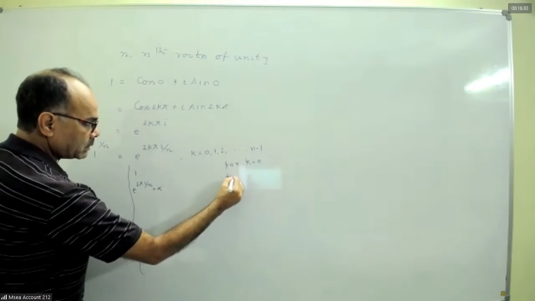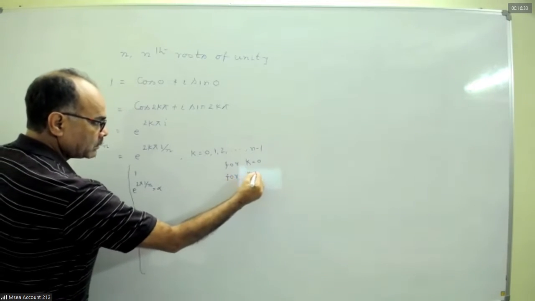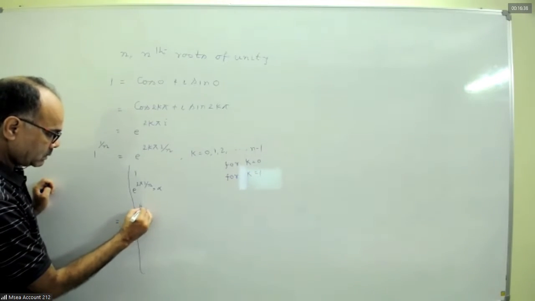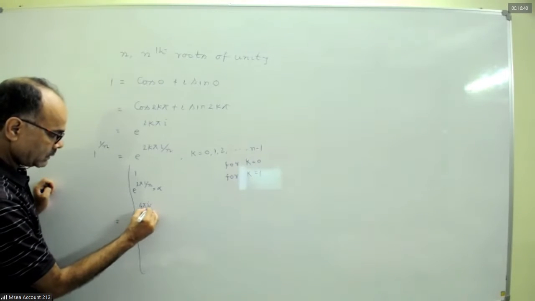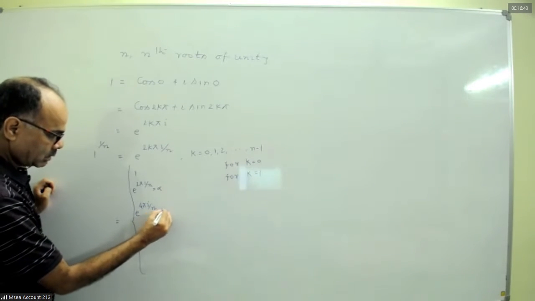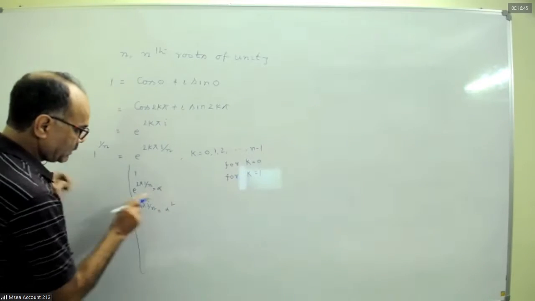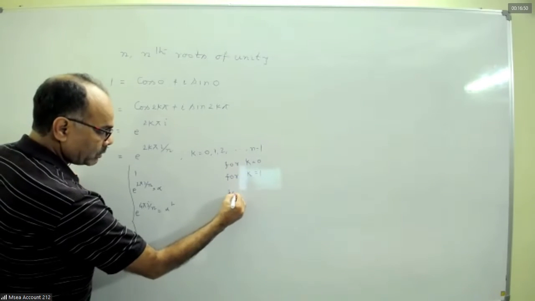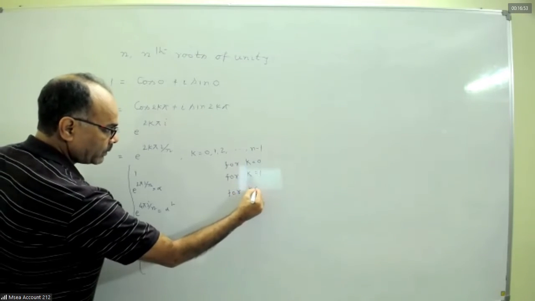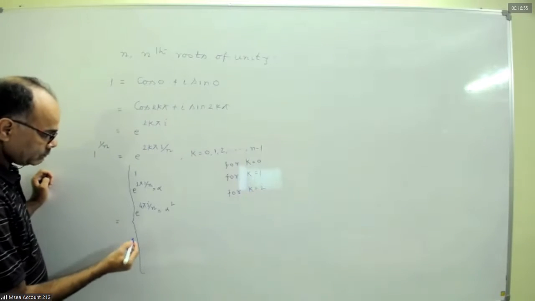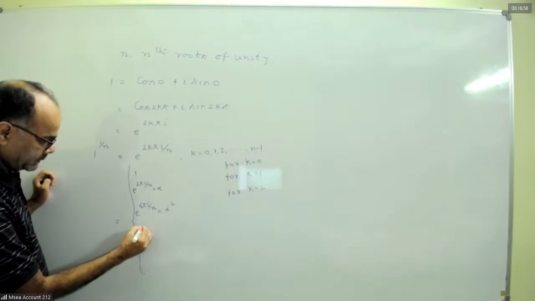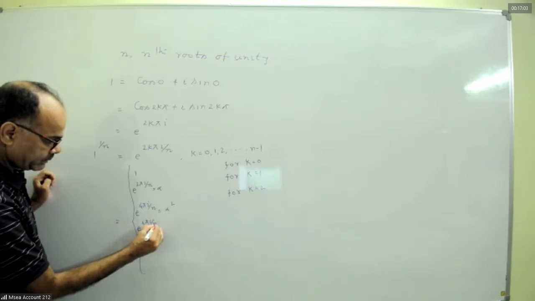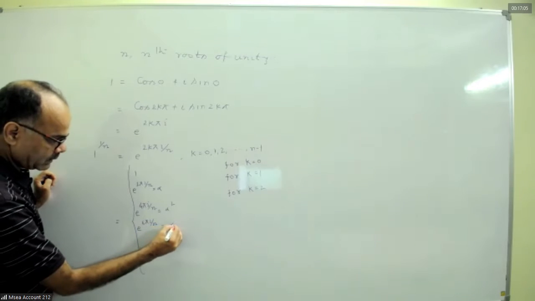For k equal to 1, e to the power 4 pi I by n. Obviously, this will be alpha square, if I assume this is alpha. For k equal to 2, e to the power 6 pi I by n equals alpha cube.